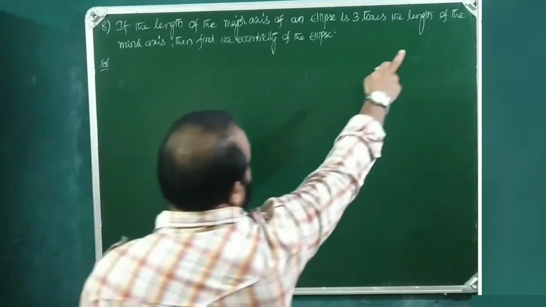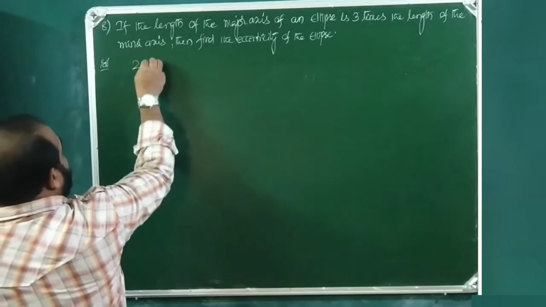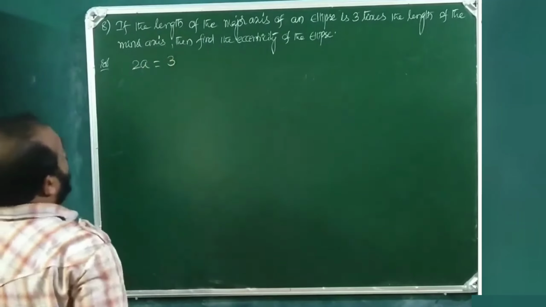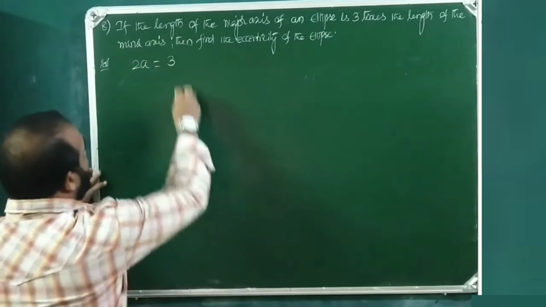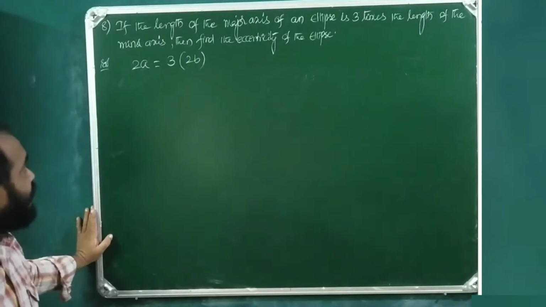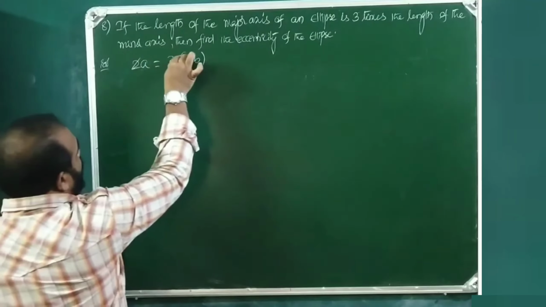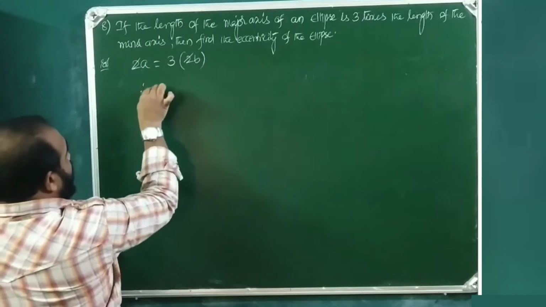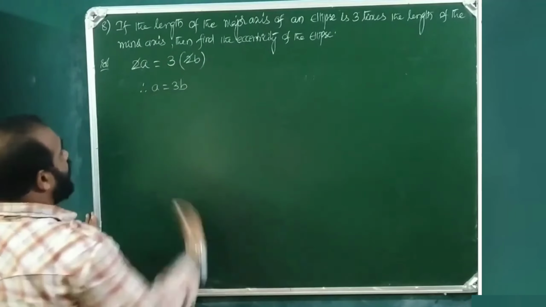So the length of the major axis, 2a, is 3 times the length of the minor axis, which is 2b. This is the condition given. So the 2 gets cancelled. Therefore a equals 3b.